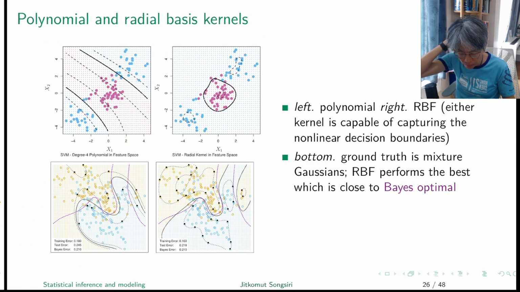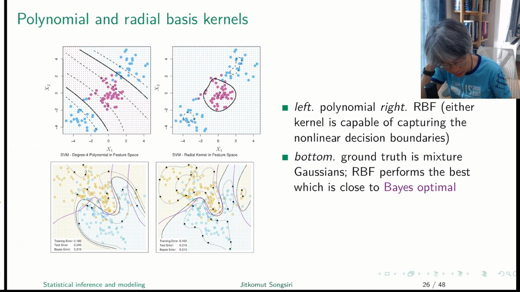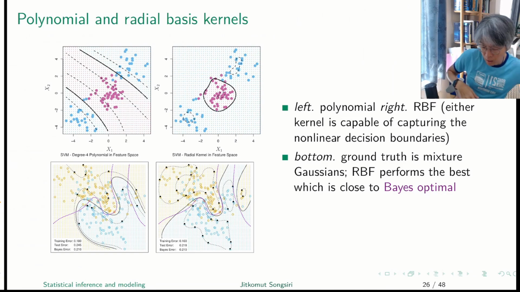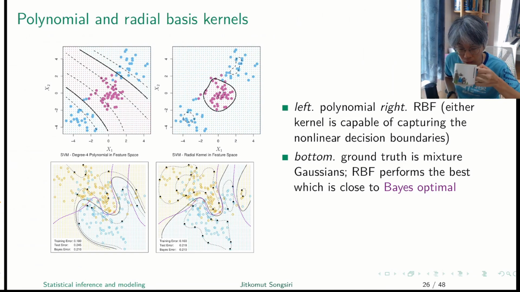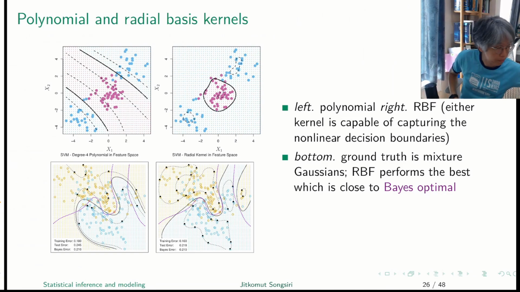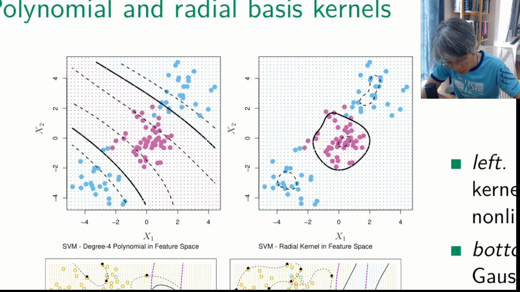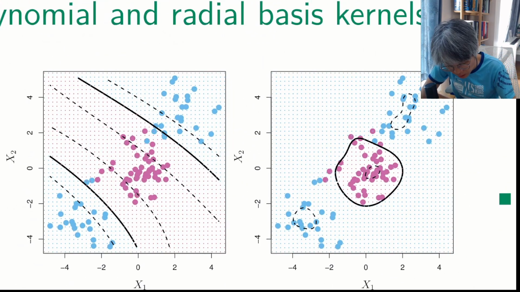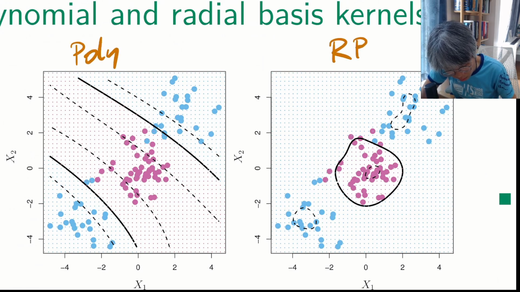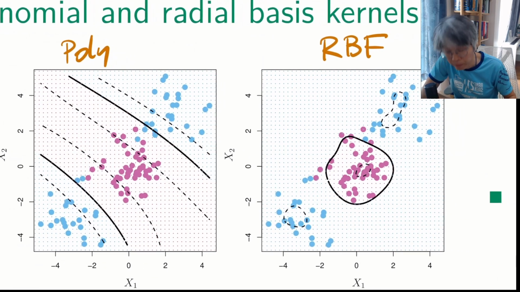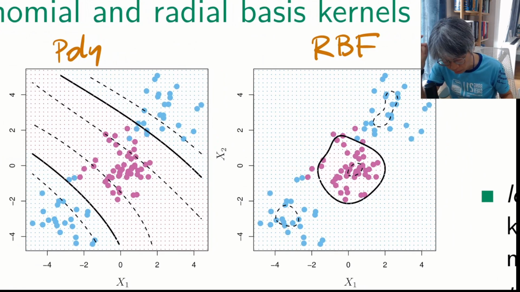Here we have some numerical examples. The figures are taken from the ISLR textbook and the ESL textbook. On the left column, this is when you use the polynomial kernel. On the right column, this is using RBF.